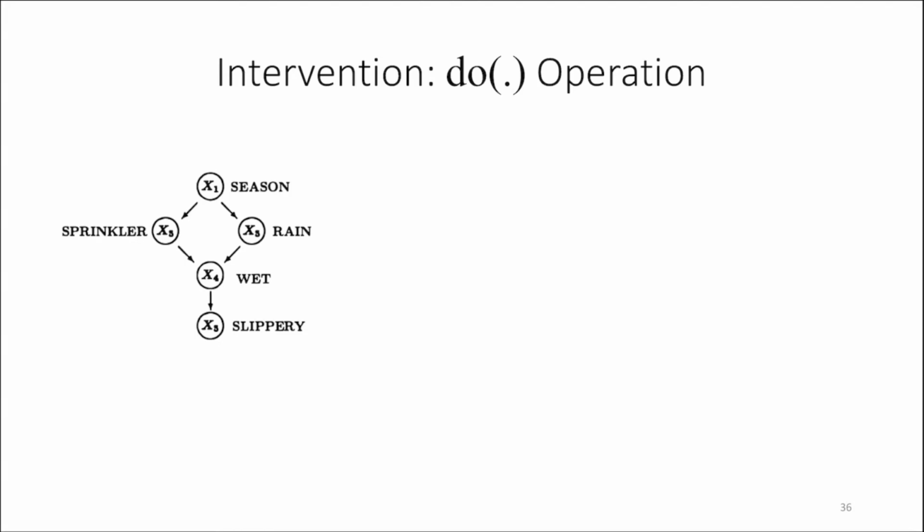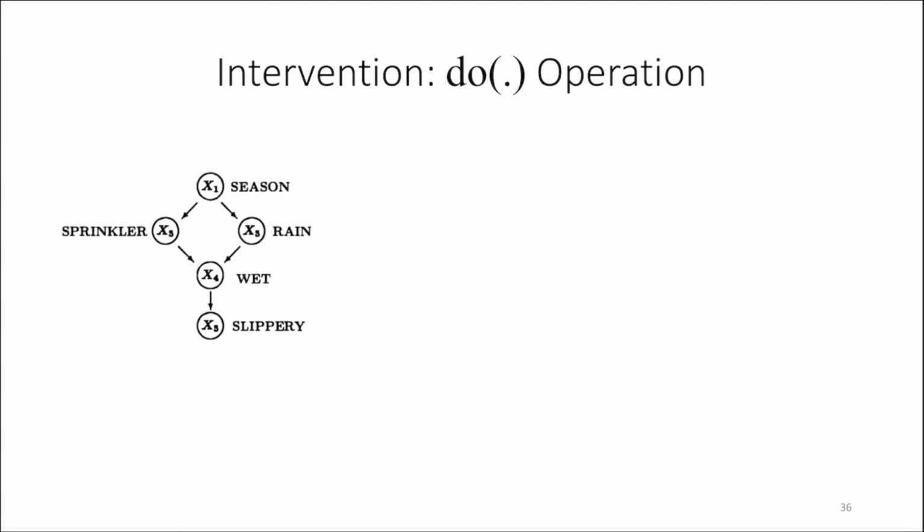We need to construct the graphical model in a way that represents the causal relationships between them. The sprinkler is more likely to be on in hot weather than in cold weather, and the season also influences the chance of raining. Both of them jointly influence the wetness of the pavement, and the wetness of the pavement directly influences the slipperiness.